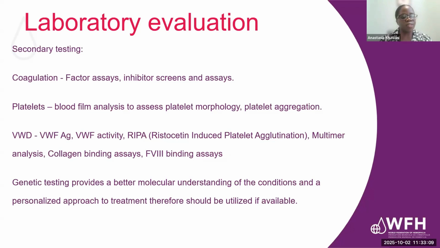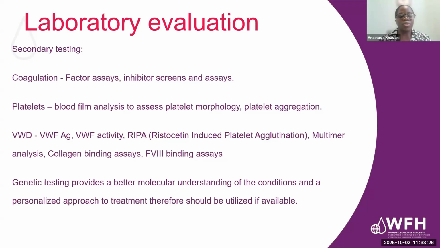If the patient may have von Willebrand's disease, then you start with von Willebrand's factor antigen, von Willebrand's factor ristocetin activity, and then factor 8 assay. Sorry, it's missing there.